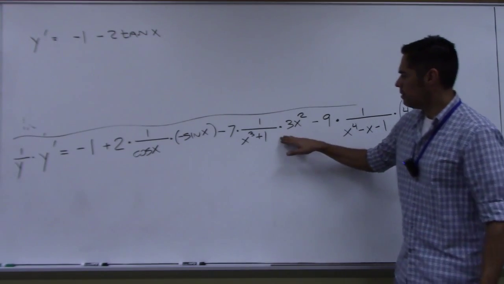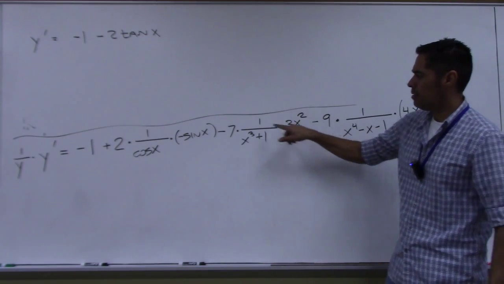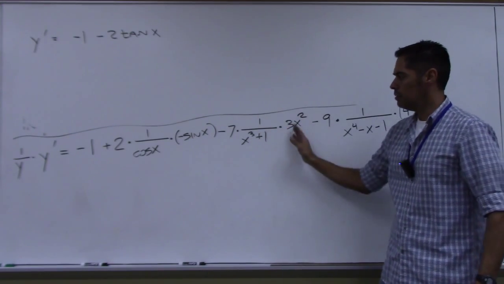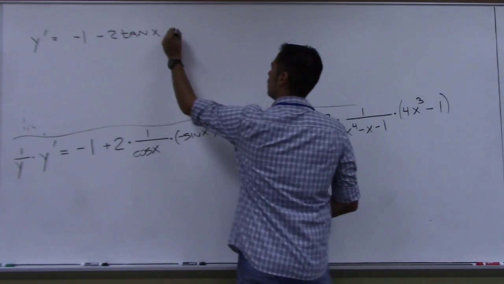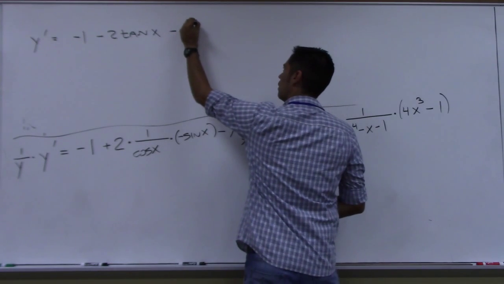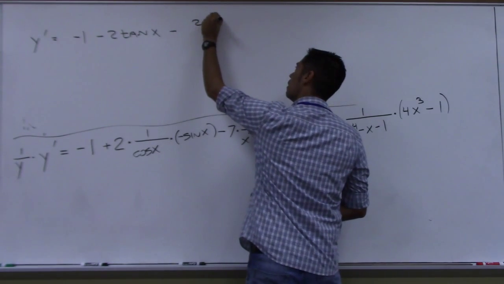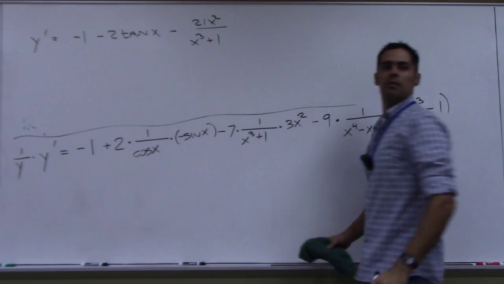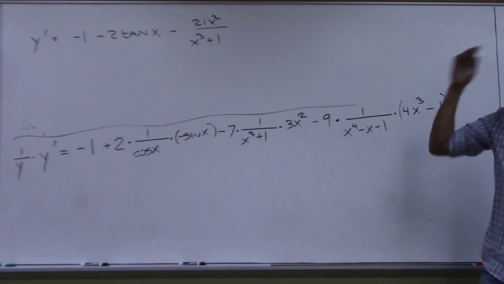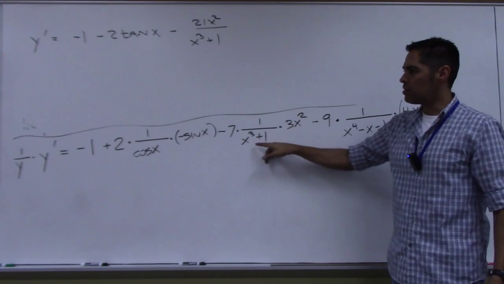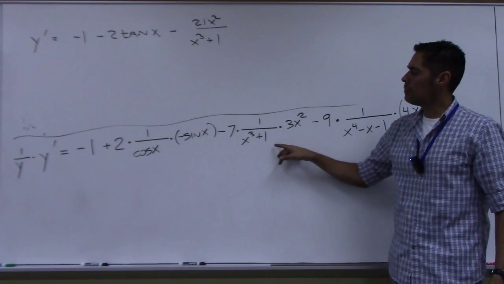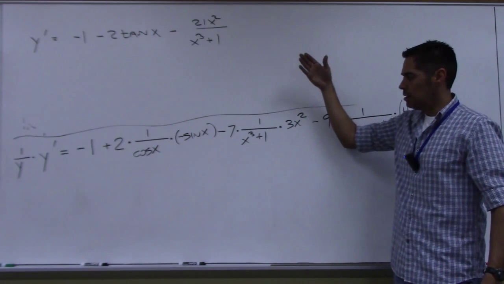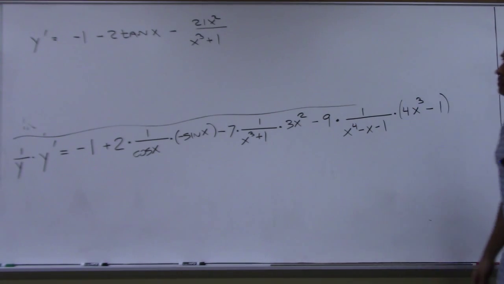And then here, let's try and clean this up. -7 times 3 times x squared, that's -21 x squared, all on top, over x cubed plus 1.